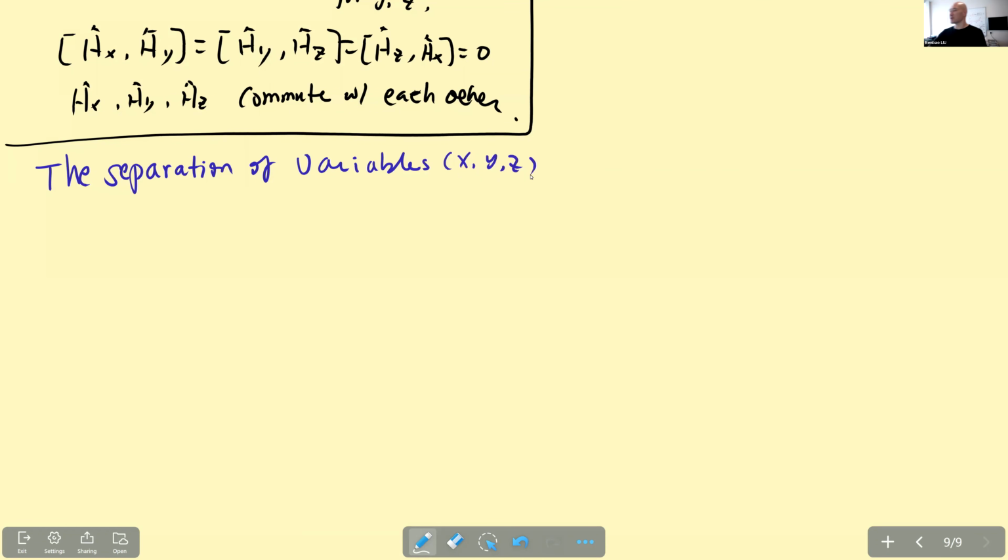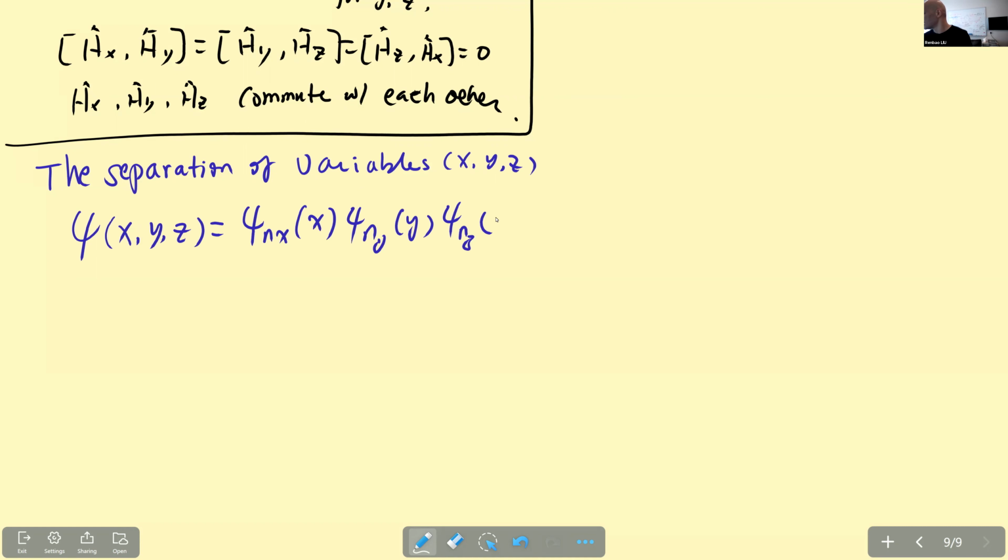Obviously you can see that this Hamiltonian has a structure. It contains 3 parts, one on x, one on y, and one on z. So that means we can write down this eigenstate or wave function into 3 parts, say ψ_nx(x) times ψ_ny(y) times ψ_nz(z), right?